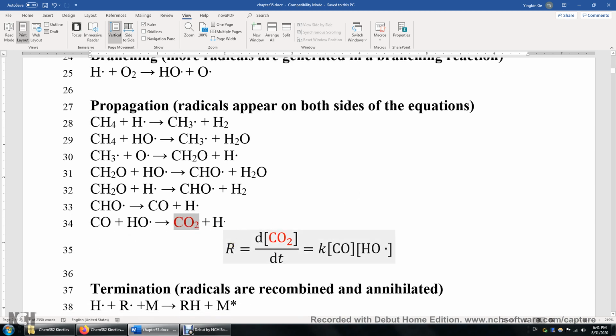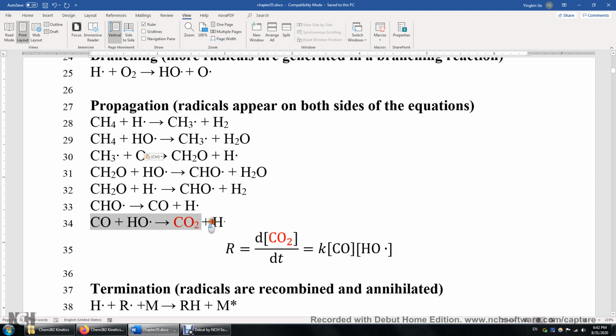And the reaction rate is defined to be this d[CO2]/dt. How the concentration of CO2 changes with time. And therefore, we focus on this single elementary reaction and realize that we have one CO and one hydroxyl on the left-hand side. They are the reactants.